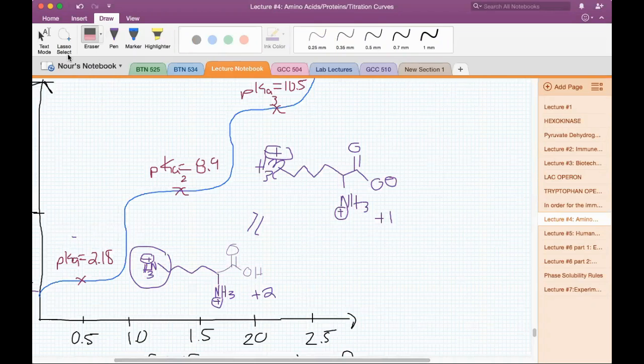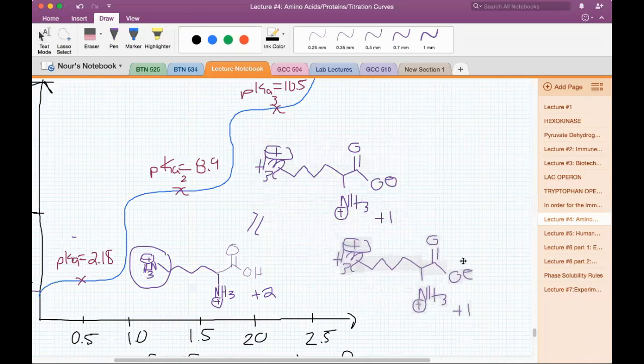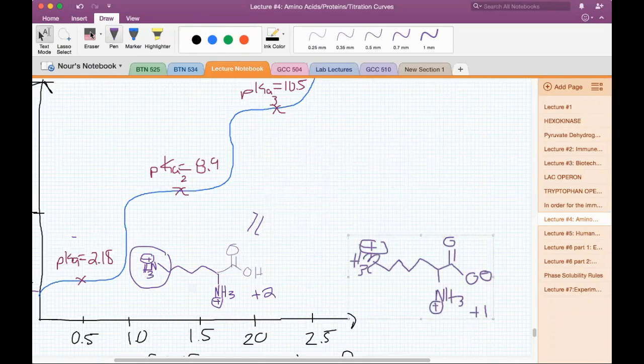I don't think I should have put it there. I think I'll just move this here. And so here, this is the equivalence point, and that's generally where the pI is. And this is, no, it's not the pI, the zwitterion hasn't been reached.